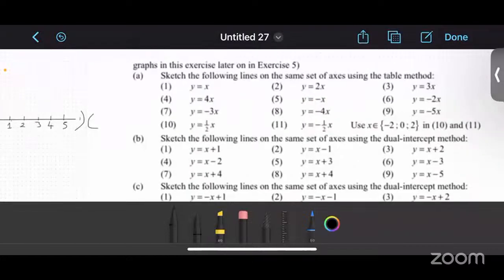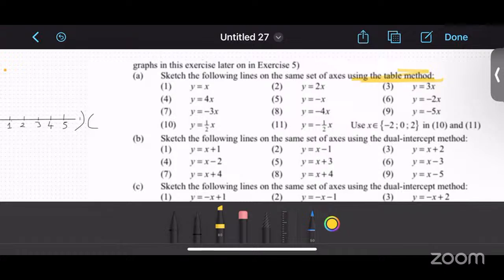They say sketch the following lines on the same set of axes using the table method.